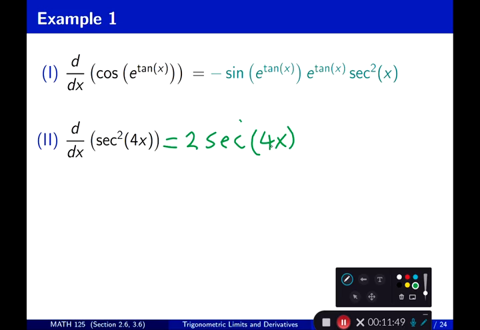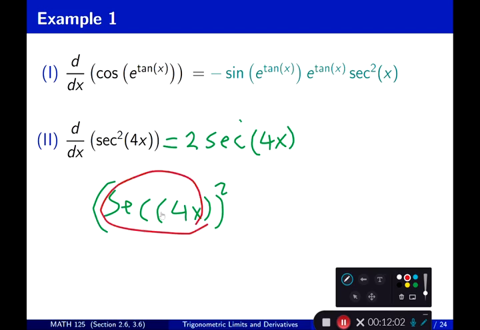Now what was inside the power 2? It was secant of 4x to the power 2. So the inner function was itself a composition of secant of u and 4x.